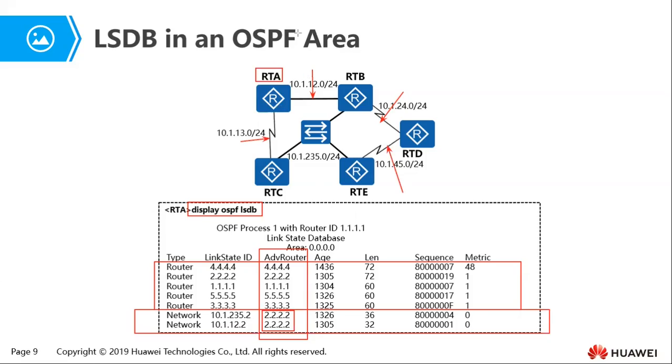Now, the other place where an election is going to happen is between this area. Because they have been connected using a switch, we are going to have an election between RTC, RTE, and RTB. And again, RTB becomes the DR on that area.